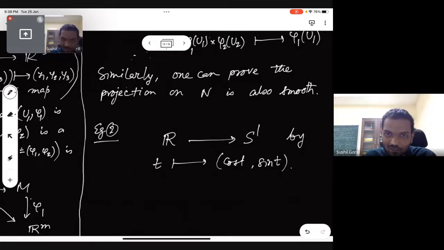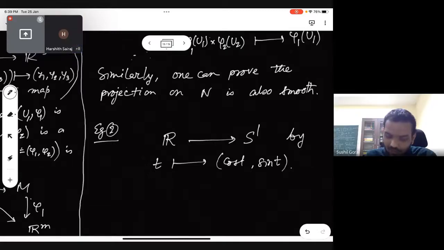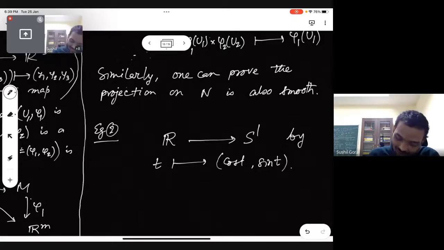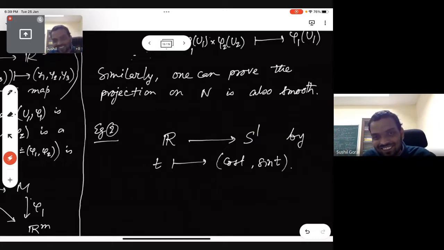So upper hemisphere, what is the chart map? It is going downwards to the x-axis. Right, so it is the projection on the first coordinate. If you now forget about S1 and look at it in R2, you know this is smooth, right?